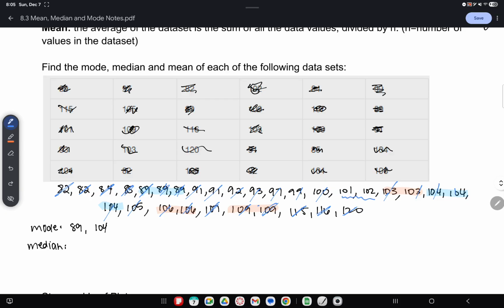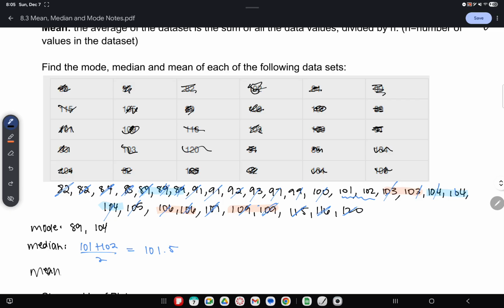Okay, I'm down to 2. So when I have 2 in the middle, I find the average. So I'll do 101 plus 102 divided by 2, and right in the middle of that is 101.5.